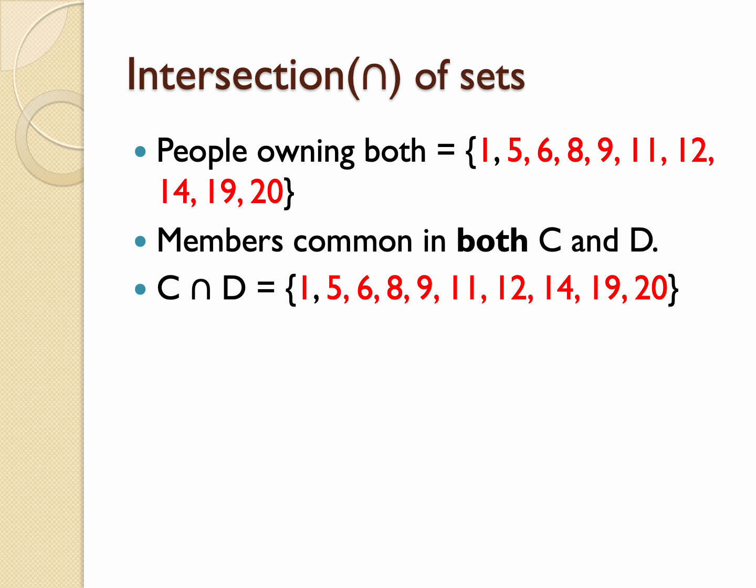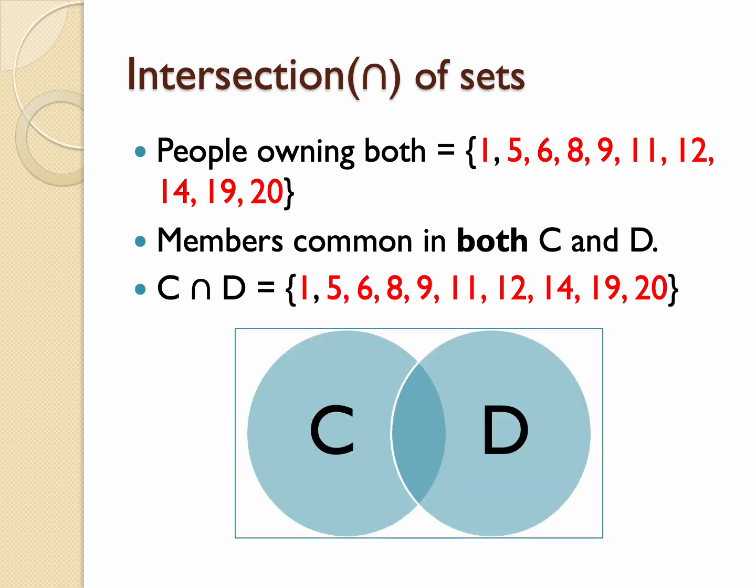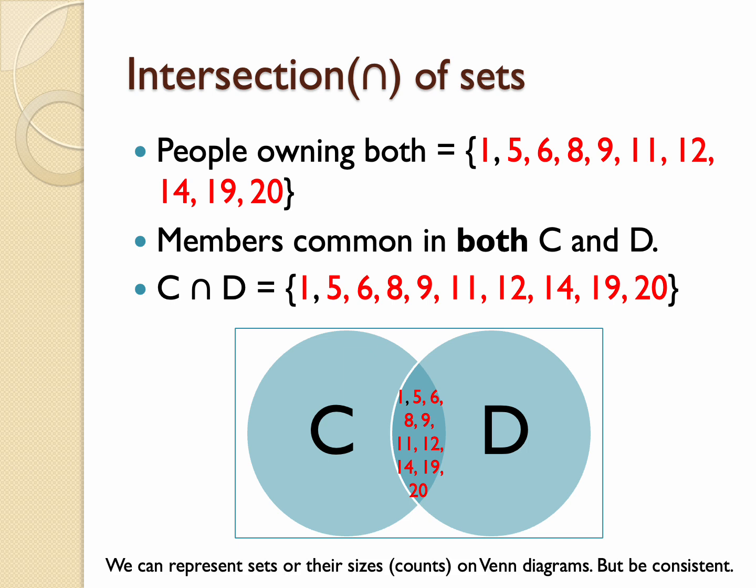We can also show this with a Venn diagram. And here are the common members written out in the common or overlapping area. Note, we can use Venn diagrams to showcase either the number of elements in different sets, as we did in earlier slides, or as we did here in this case, where we are writing out the complete sets.